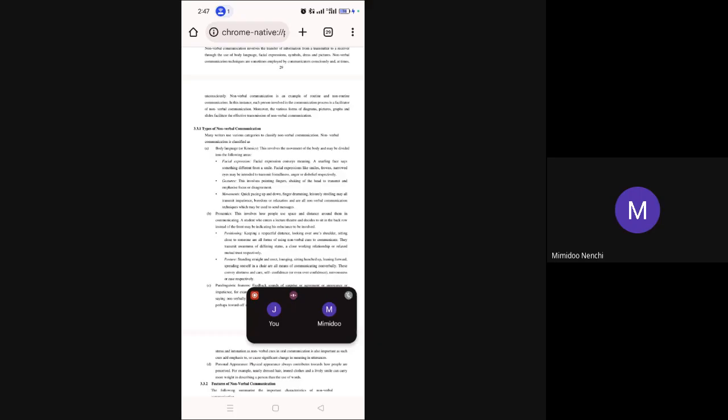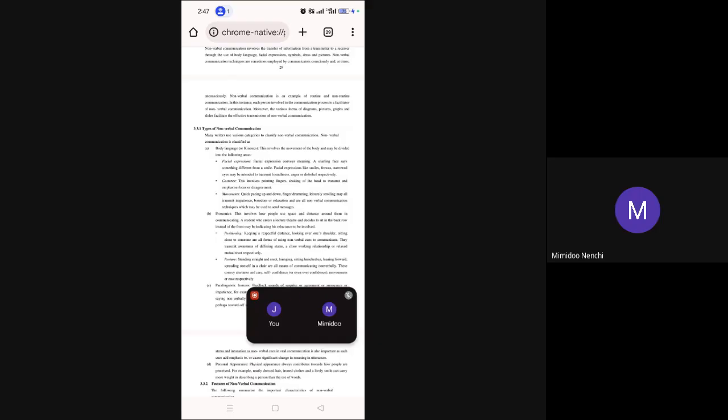Now, under proxemics, we have positioning. Keeping a respectful distance, looking over one's shoulder, or sitting close to someone are forms of using non-verbal cues to communicate. They transmit awareness of different status, a close working relationship or relaxed mutual trust respectively.